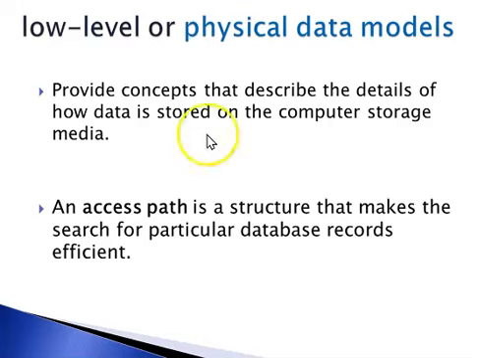The physical data model describes how data is stored in files in the computer by representing information such as record formats, record orderings, and access paths. An access path is a structure that makes the search for a particular database record efficient.